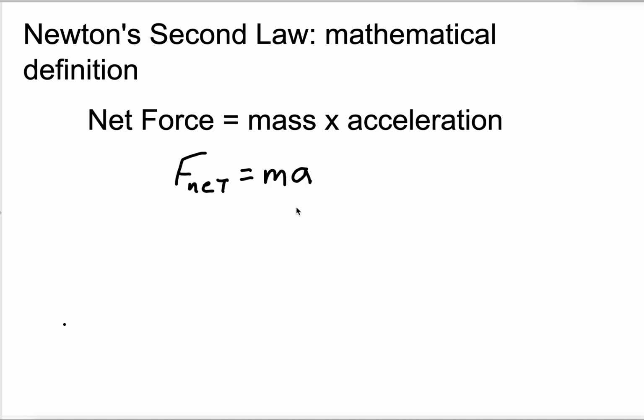Now let's talk about units here. And you could be writing all this down right on your equation sheet with all your other equations. So the mass, in physics, we always measure mass in kilograms.